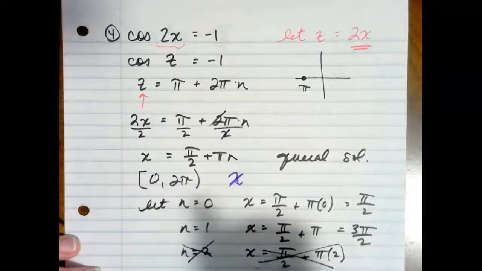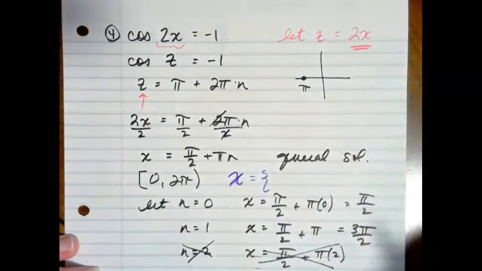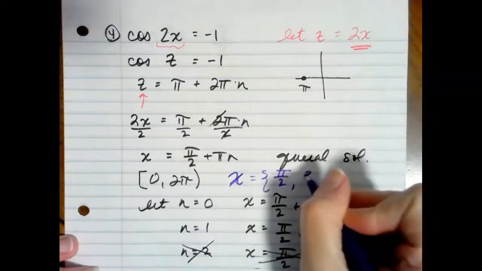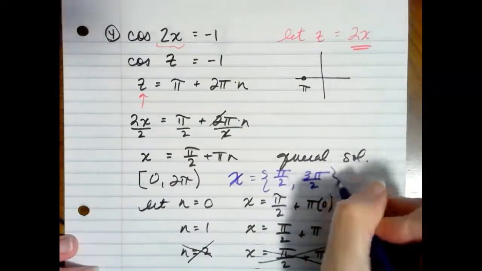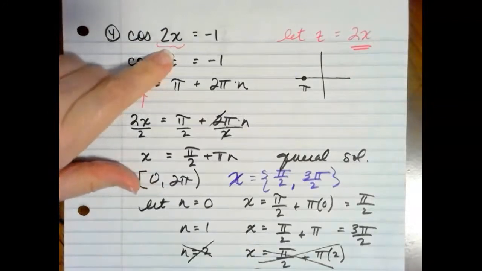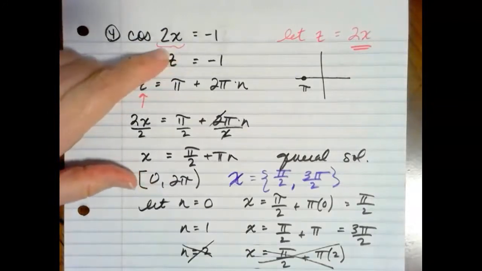Our specific solutions, x equals the solution set, pi over 2, comma, 3 pi over 2. So let's make a generalization here. If we look back at the argument of our trig function here, it's 2 times x.